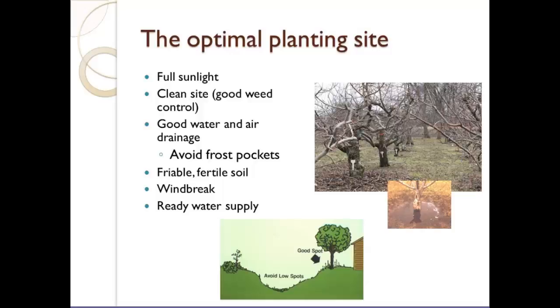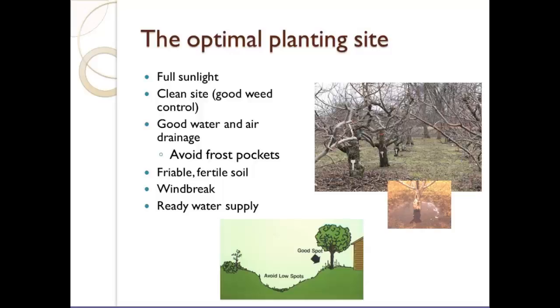And so when we're looking at soil characteristics, the word that I want to use is friable, a friable, fertile soil. And friable means that it has a good texture to it. So when you take a handful of it and you squeeze it, it should hold its form somewhat. But if you were to apply pressure to that little amount of dirt you just squeezed, it should break apart easily.